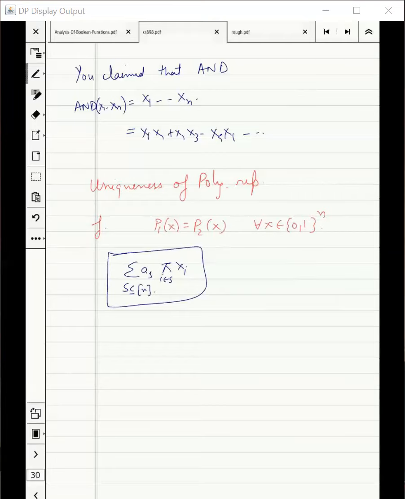What stops that? I think there are in total 2 to the power n coefficients a_S, and when we put in all the values in {0,1}^n, we get 2 to the power n equations in 2 to the power n variables. So it should have a unique solution, I think.